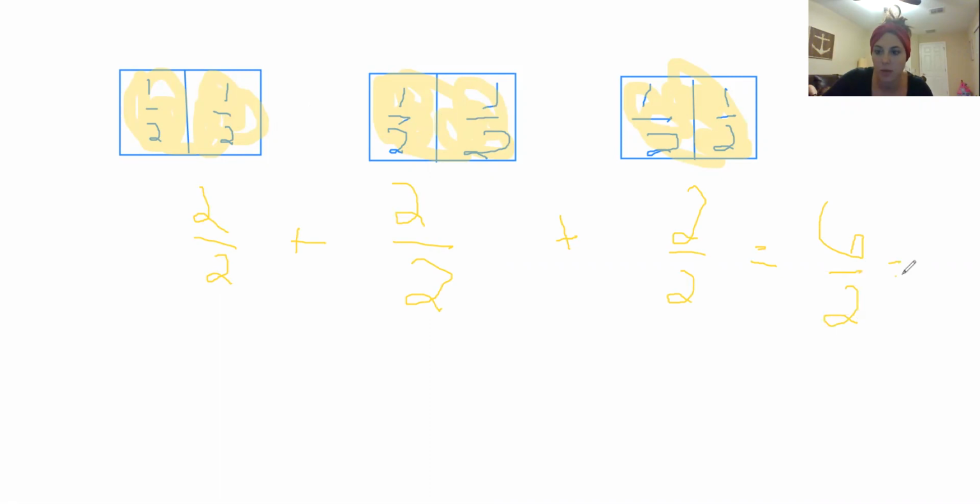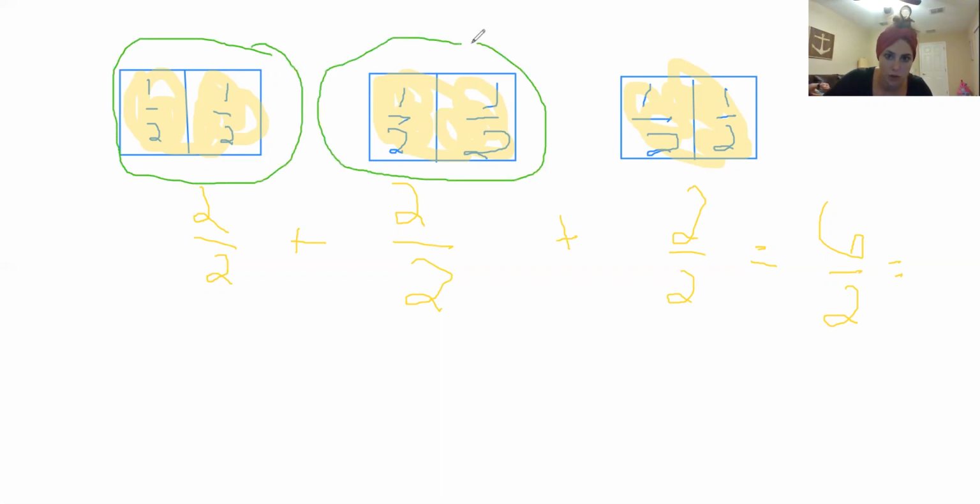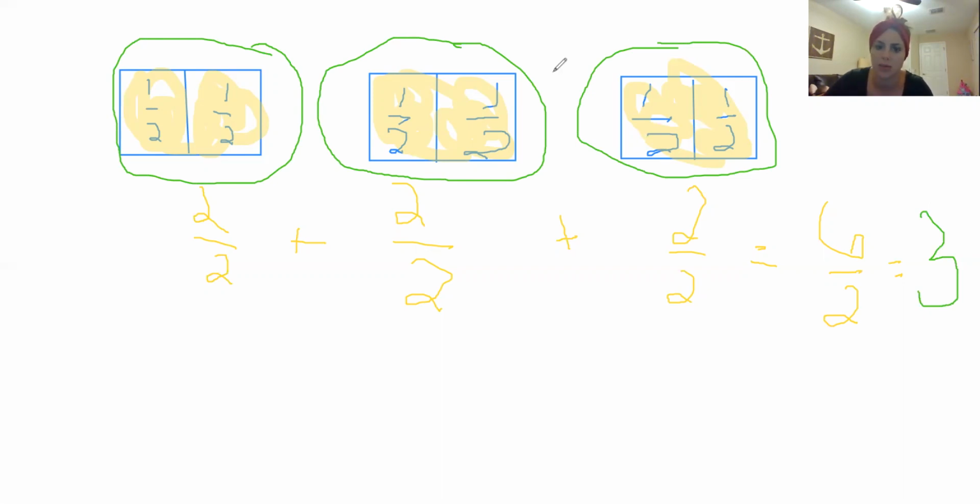But I also have what? How many wholes do I notice here? I notice 1 whole, 2 wholes, 3 wholes. So having 6 halves is the same as saying I have 3 wholes. Interesting.